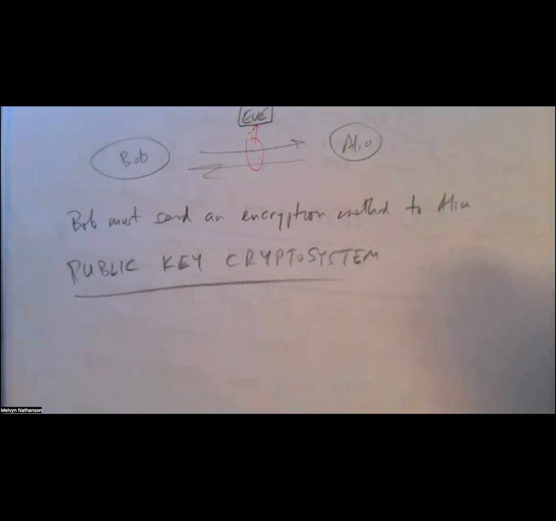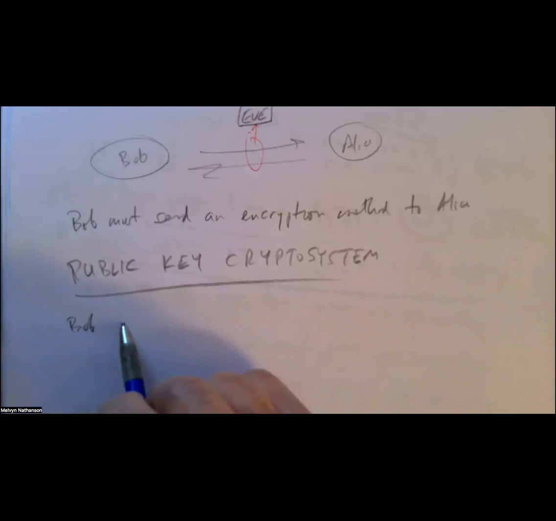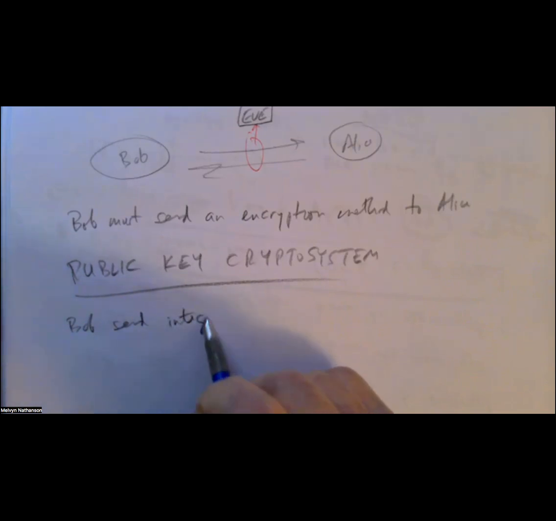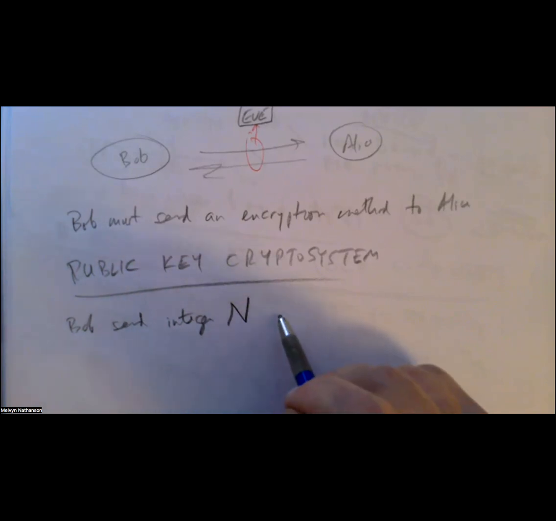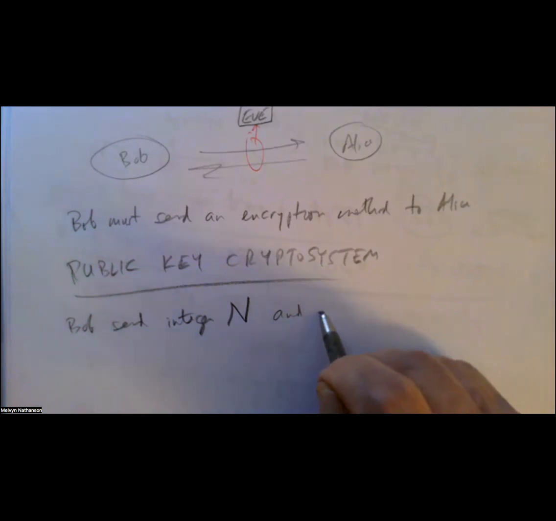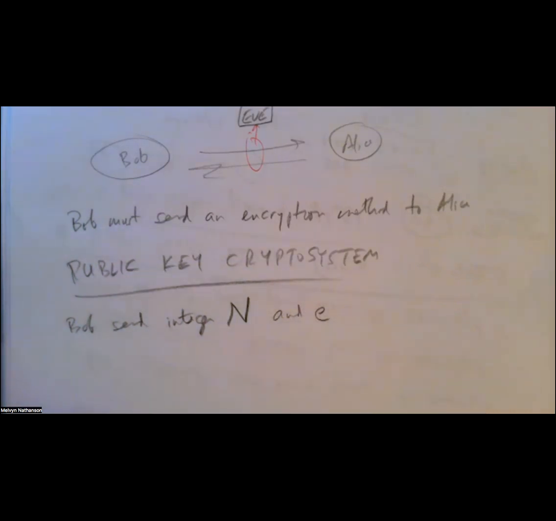So Bob sends a number, an integer, n, and another integer, e. E stands for encryption.